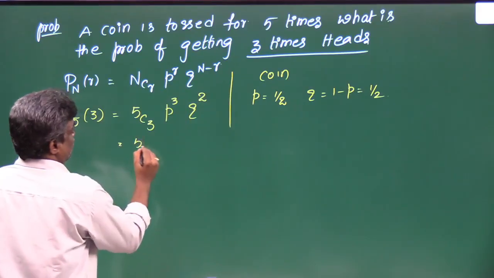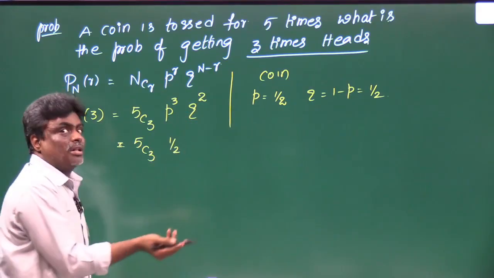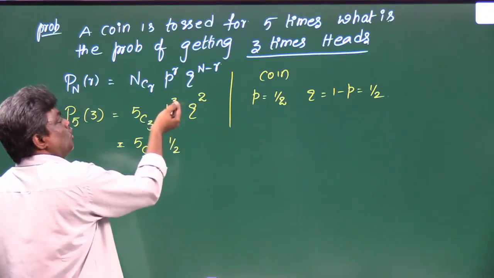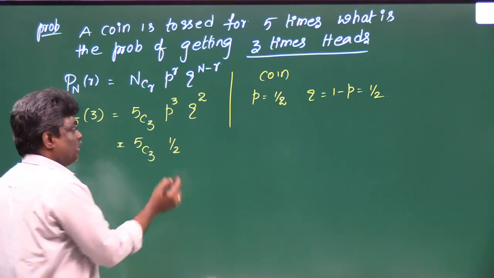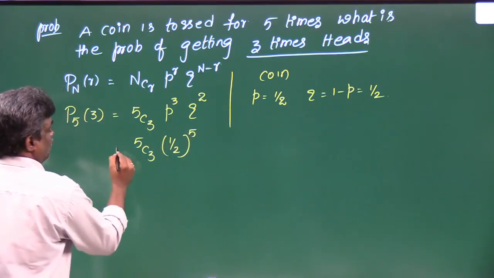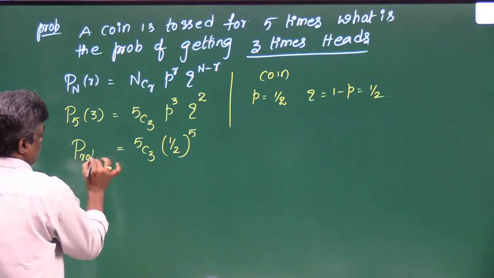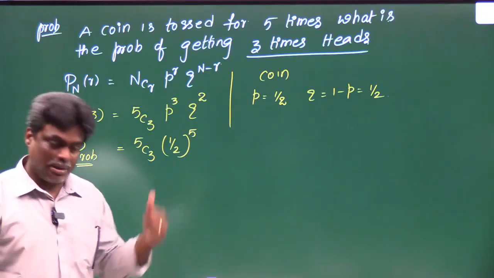So this is 5C3 into (1 by 2) whole power 3 into (1 by 2) whole power 2, so this is 5C3 into (1 by 2) whole power 5. That's it. Clear? So this is the probability of whatever you want.